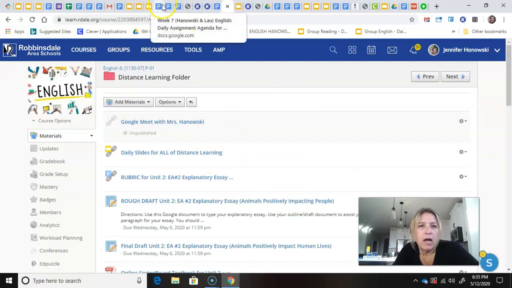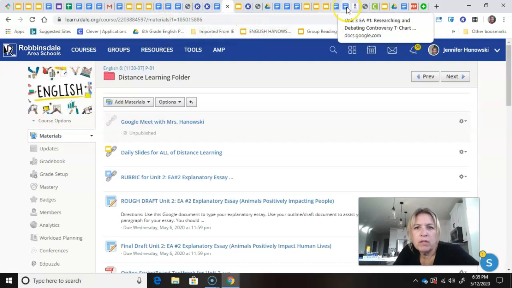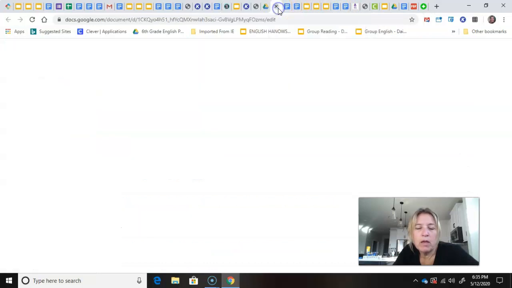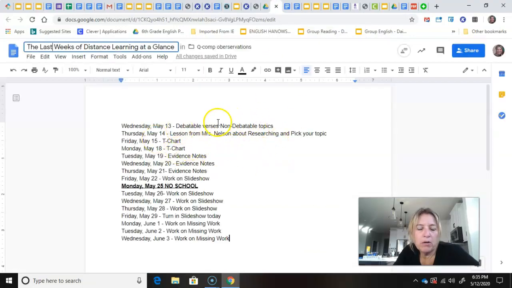I did make a quick little thing showing, at a glance, what the rest of the school year looks like. Tomorrow, or Wednesday, is debatable versus non-debatable topics. Thursday's going to be the lesson from Mrs. Nelson, researching, and then you're going to pick your topic.